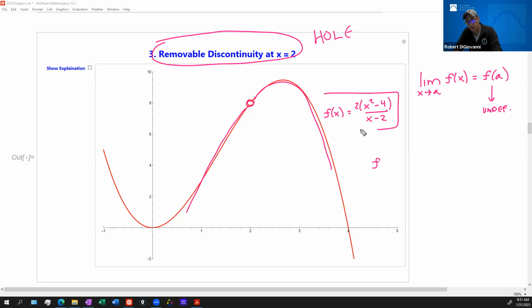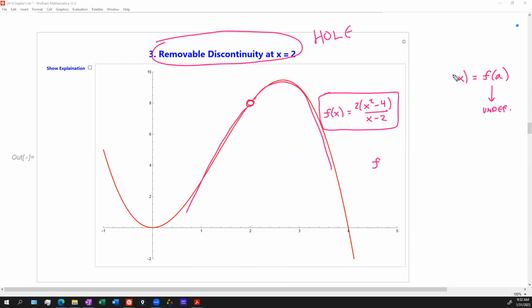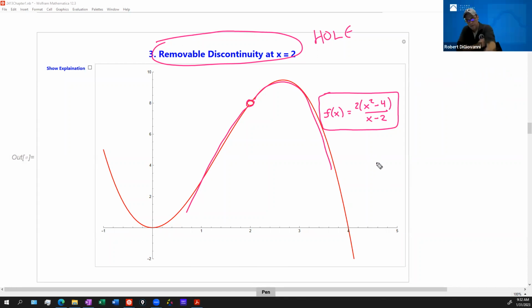Do you all agree with this function that I cannot plug in 2? If I try and plug in 2, I get 0 over 0, don't I? Yes. Okay, now, if I define that, I want everyone to see f of 2 is undefined.